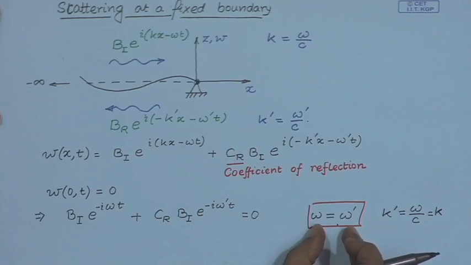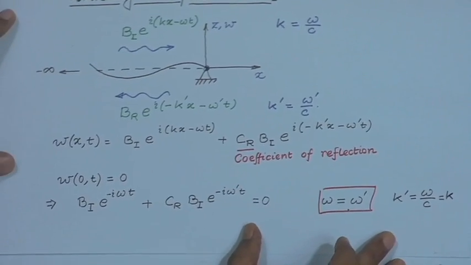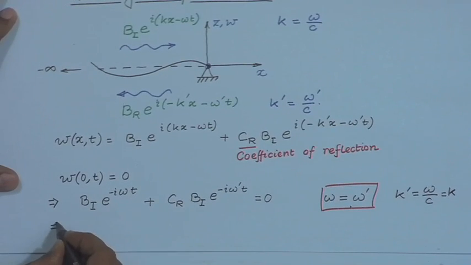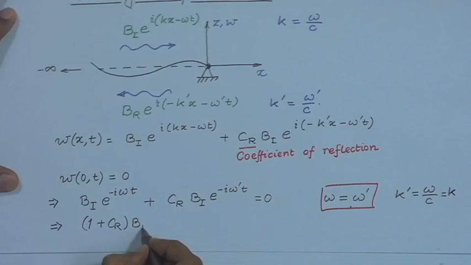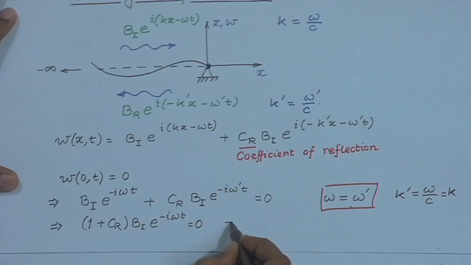Once we put this condition here, that implies C r is minus 1, because the other part is not equal to 0.